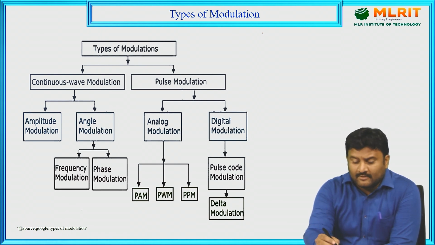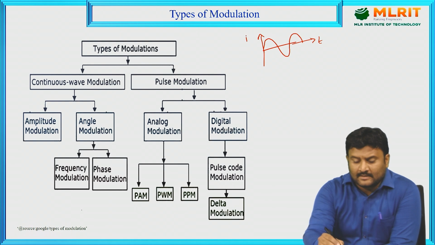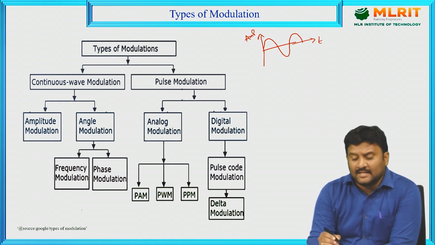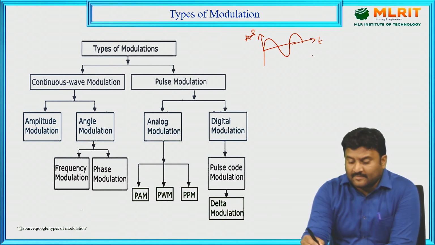Observe, first I drew the message signal. In the x-axis the time period t and y-axis amplitude. This is the message signal, that's why I am taking m of t.